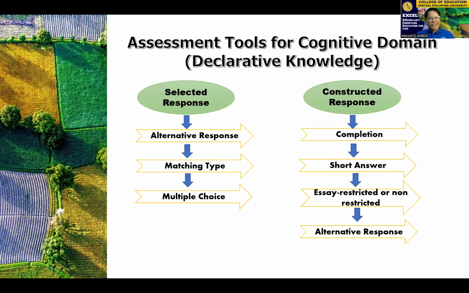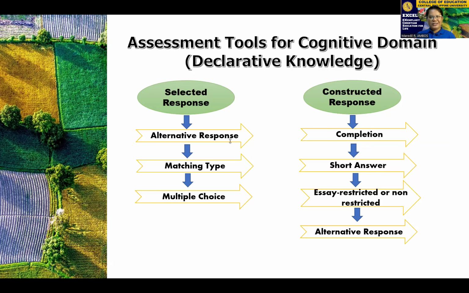In this next slide, you can have assessment tools for the cognitive domain, which is the declarative knowledge. Take note of this. Assessment can be selected response, wherein you can have the alternative response, the matching type, for example, and the multiple choice.